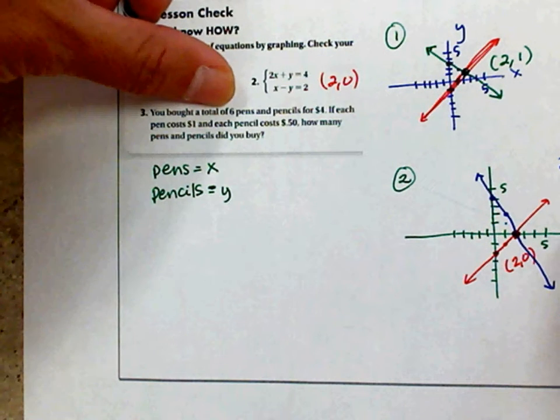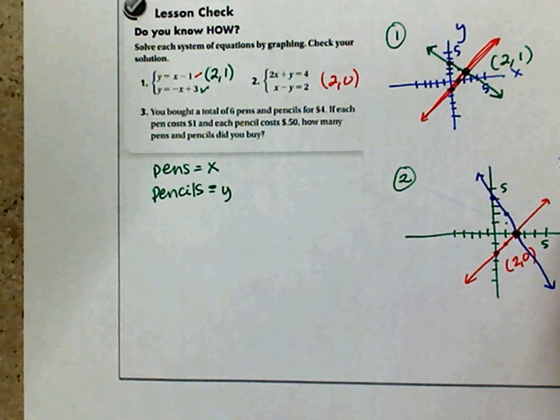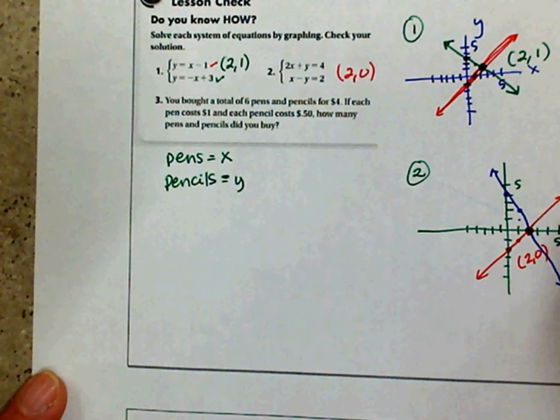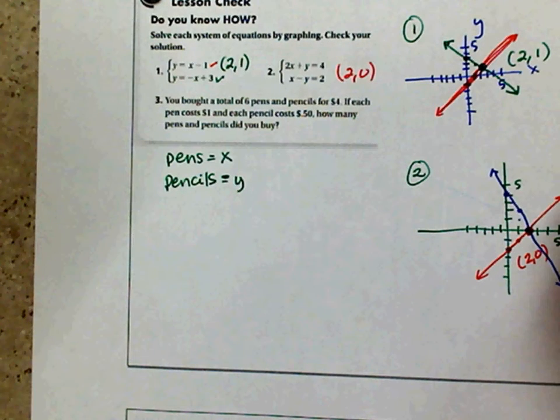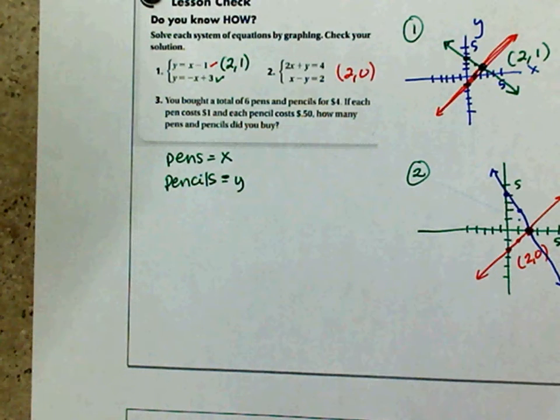Is that 6 pens and 6 pencils? Or 6 pens and no pencils? You bought a total of 6 pens and pencils for $4, if each pen costs $1 and each pencil costs 50 cents. Gotcha.